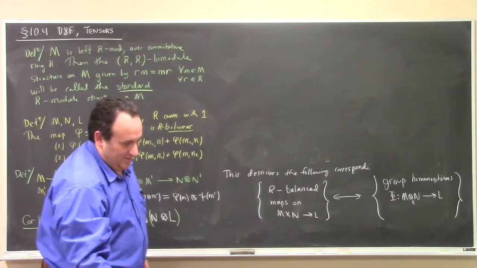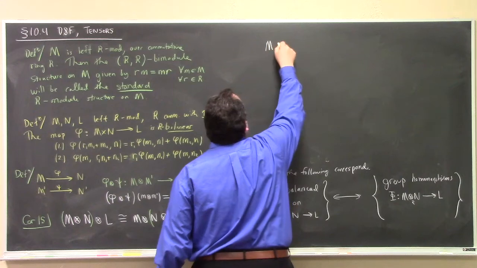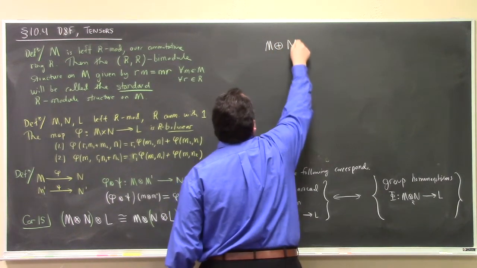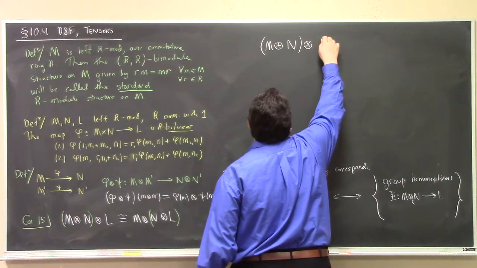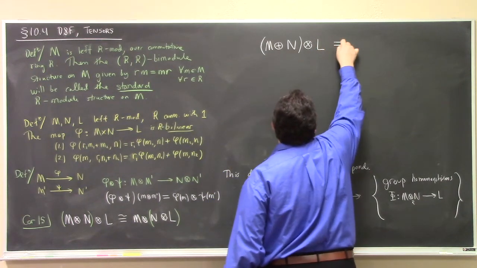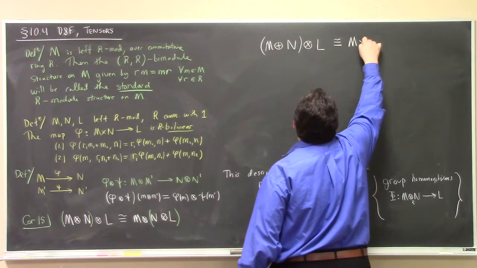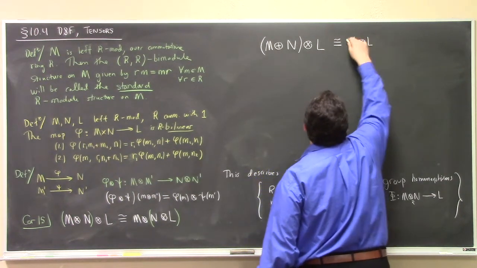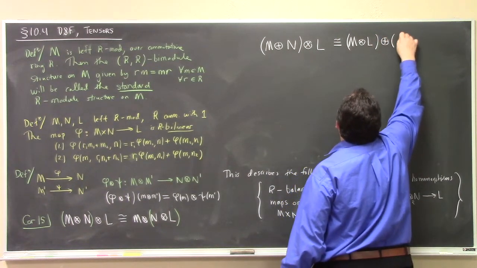Now we talked about the tensor product. So if you have M plus N, right, tensored with, let's say, L, what is that isomorphic to? It is, of course, M tensor L, direct sum with N tensor L.